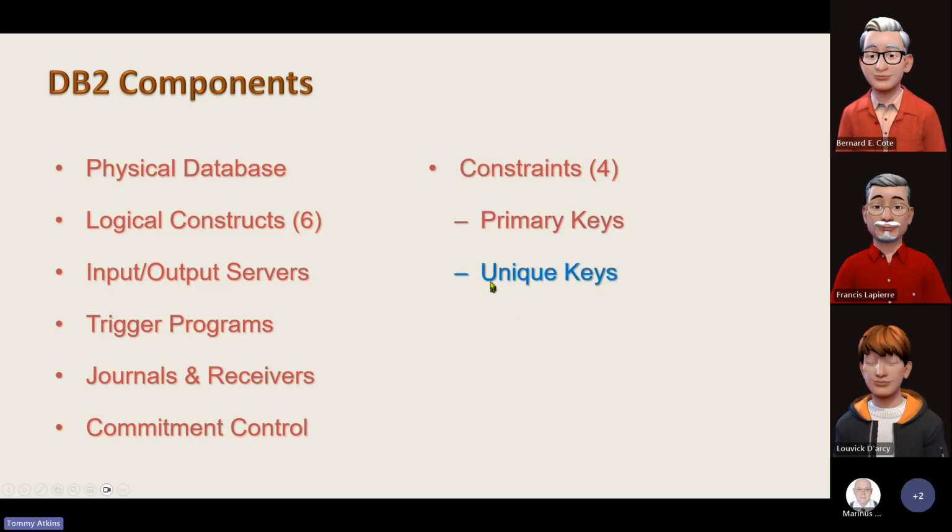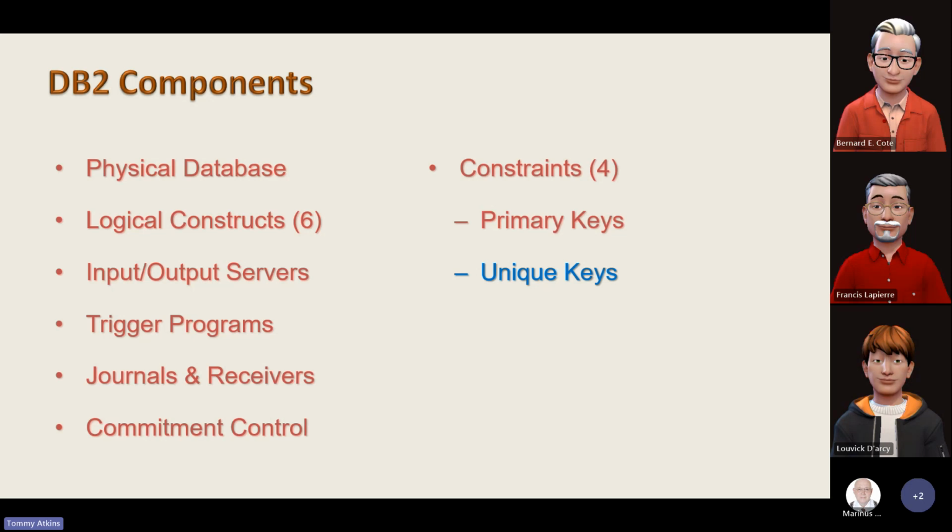All tables in your database should have a primary key. A primary key, by definition, is unique, and every table should have one. The second one are unique keys. These are unique combinations of fields in addition to the primary key, so you can have a second uniqueness applied to a database file. The example I always use is if you have a customer master file, it's got a customer number that's a primary key.